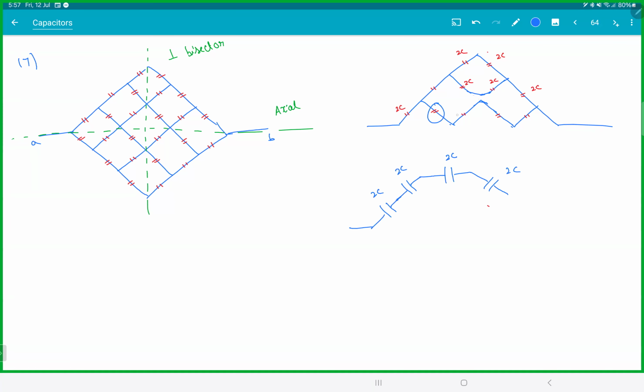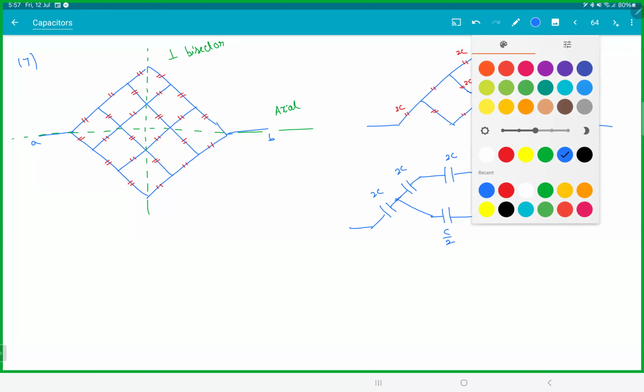This branch in the middle will be C, 2C, 2C, 2C, and 2C, that is 2C by 4. That would be C by 2. This is how the circuit would look.